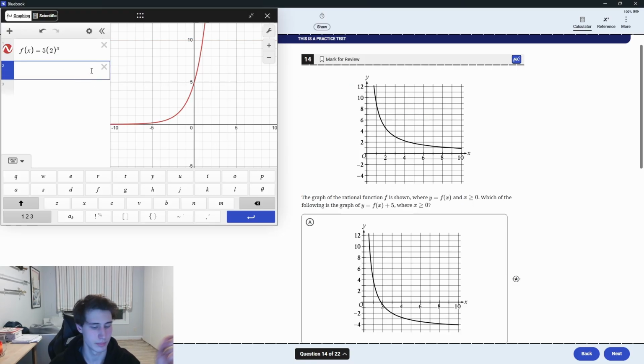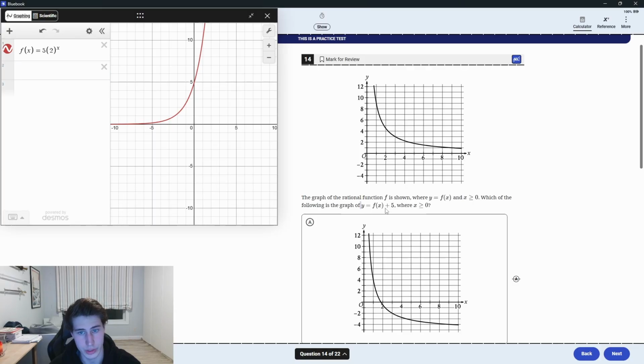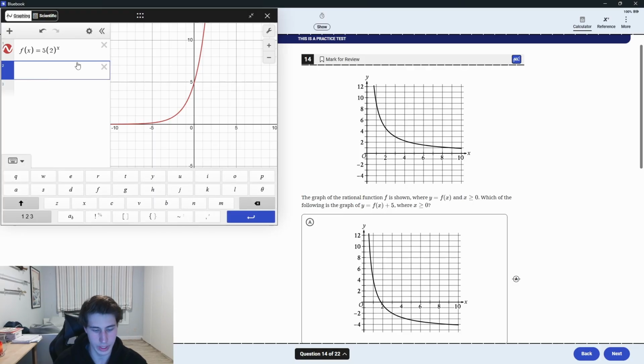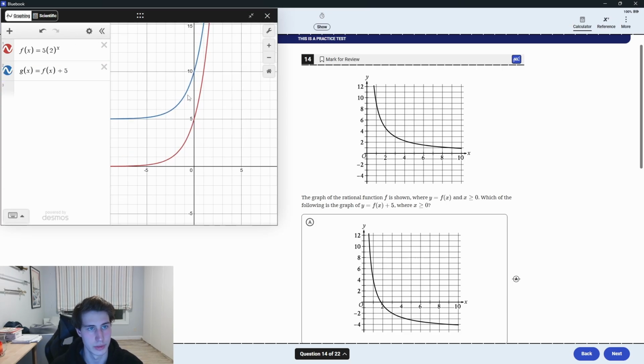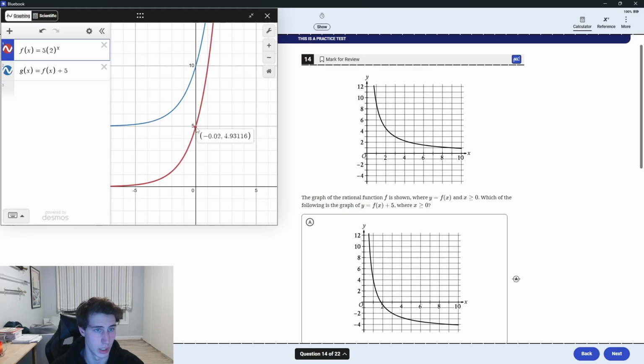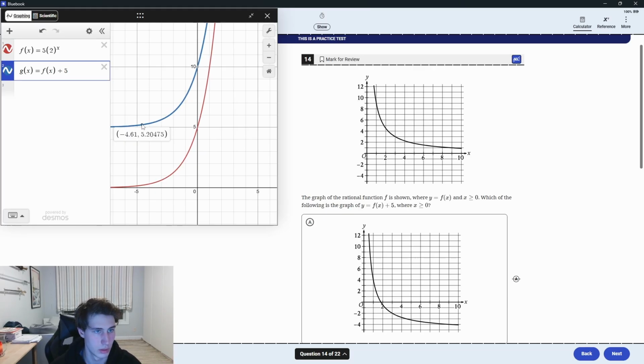Well, we can take this, and if we were to apply this transformation, we would then get something that looks like this. g of x would actually equal f of x plus 5. And this translates our graph up 5 units. So from 0, 5 up to 0, 10, from this point down here up to this point.